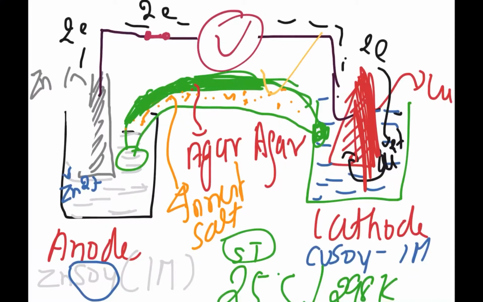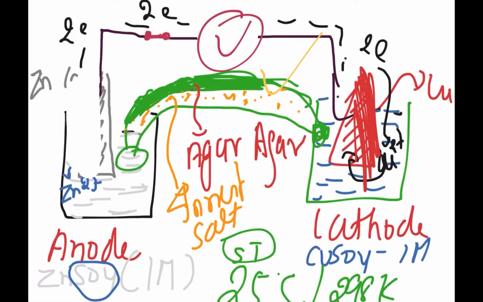So basically what I can say is the salt bridge actually prevents the accumulation of charges at both the ends and will allow the solution and the reactions to carry out. Okay, which gives me the 2 functions of the salt bridge, and as a result what I can see is the zinc, the anode, will get smaller and smaller, and the cathode will grow in size in the copper following the reactions.